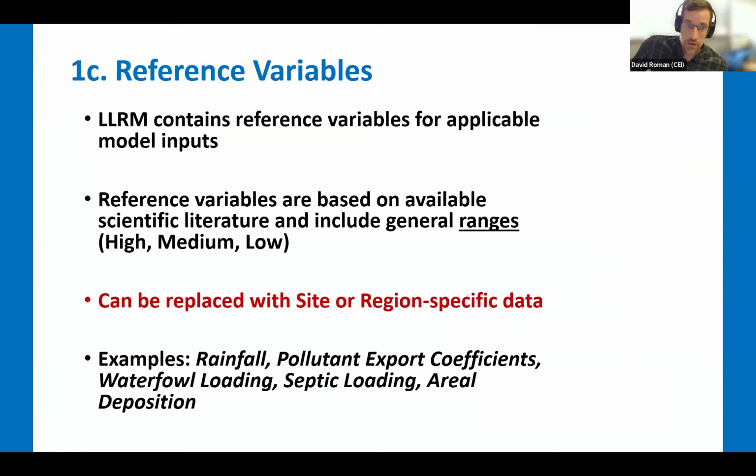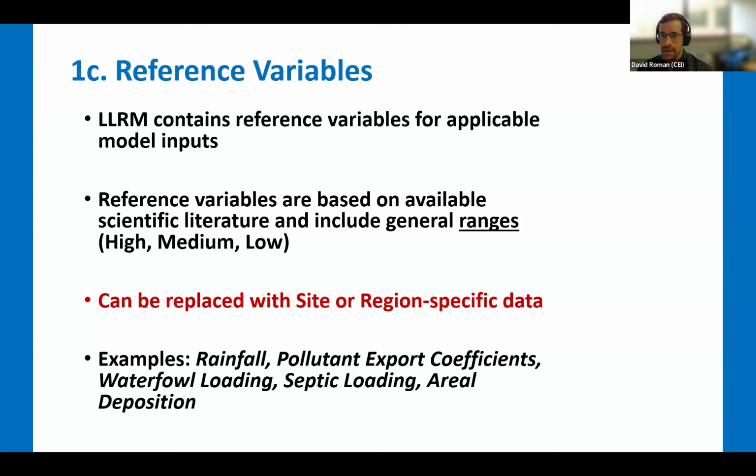Okay, so reference values. So LLRM has that reference value or variable tab for a lot of different model inputs. So they're based on the scientific literature. They typically use them in general ranges, so like for the pollutant load export, high, medium, low.